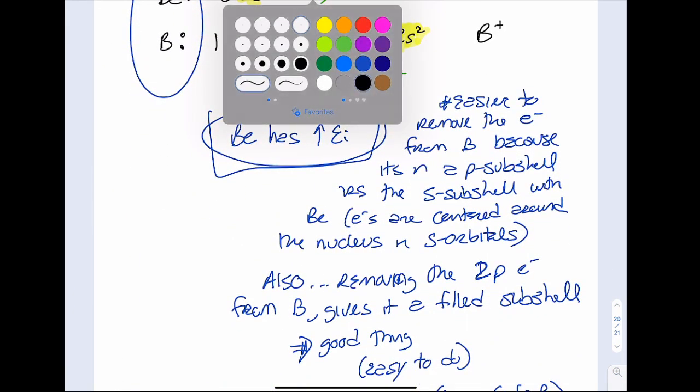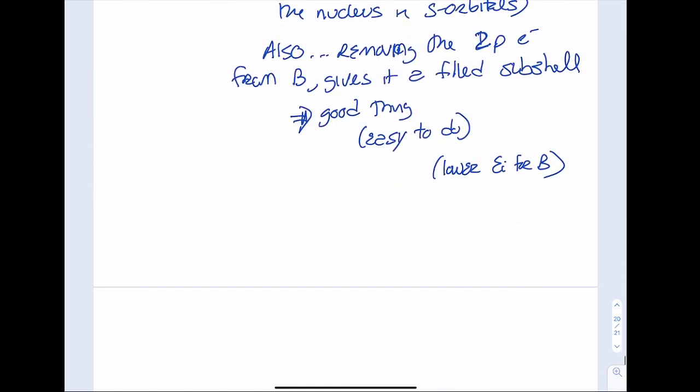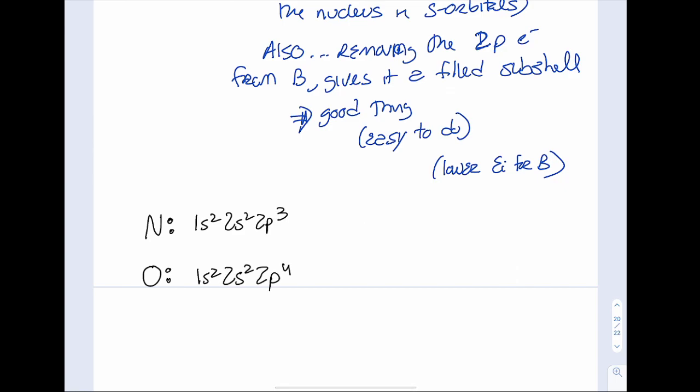Right? I had said nitrogen and oxygen. If I look at nitrogen and oxygen, and again, I'm going to draw electron configurations. If you get stuck, do that. So they're both 1s2, and then 2s2, 2p3, 2s2, 2p4. And then for our ionization energy, again, we're removing an electron.